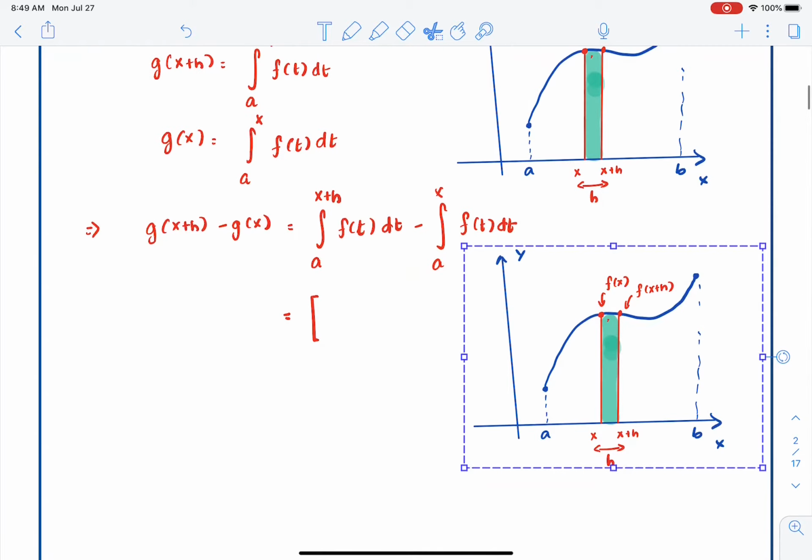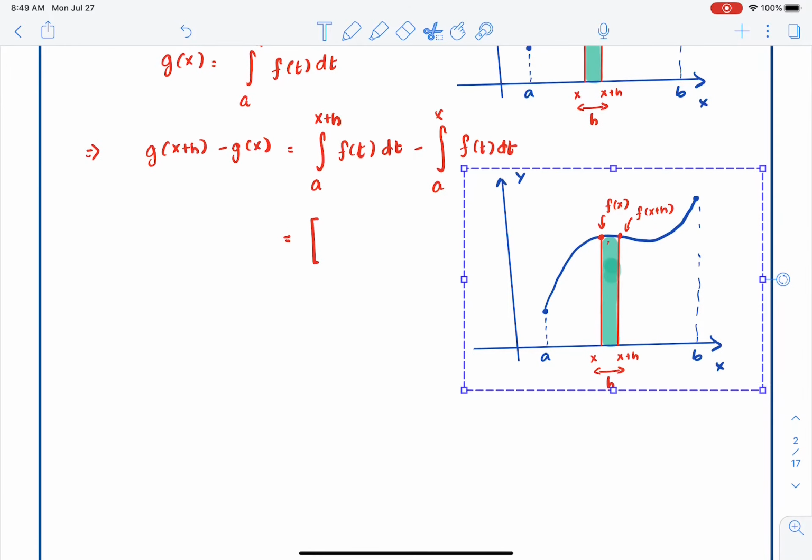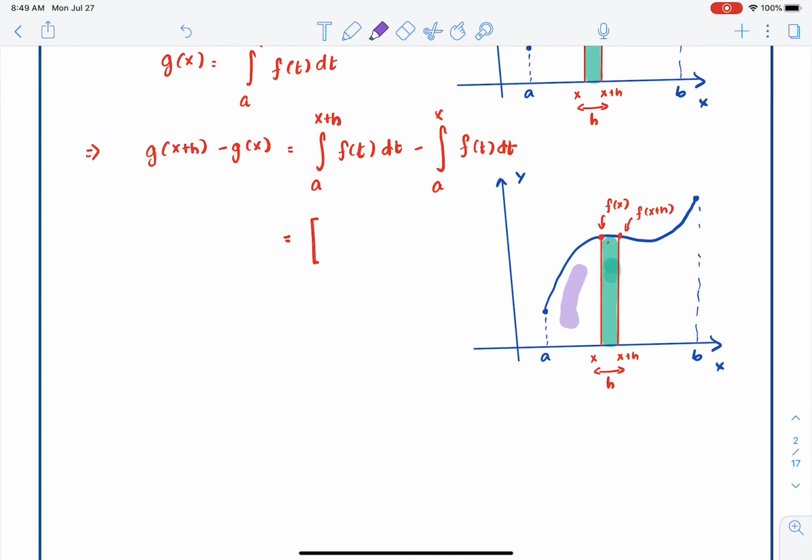So I can rewrite the area up to x plus h as this. So the area from a to x and the area from x to x plus h.